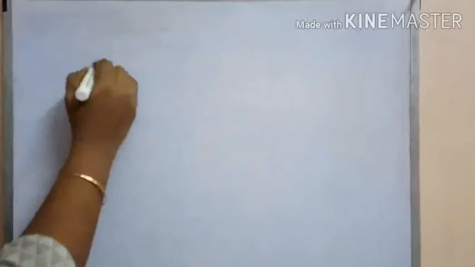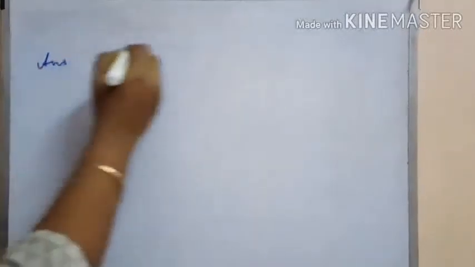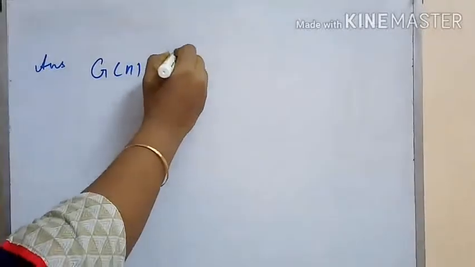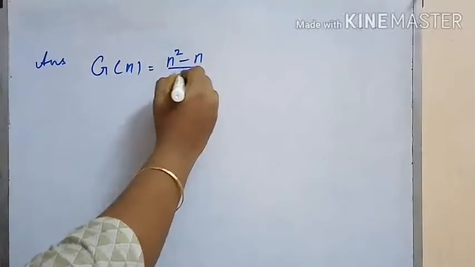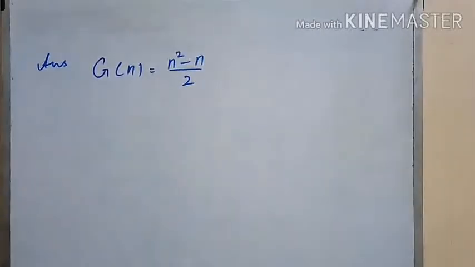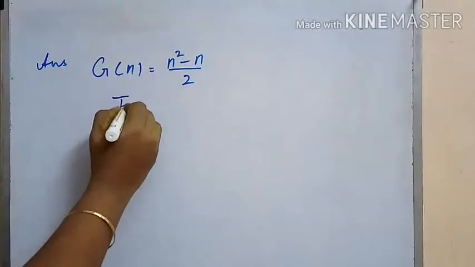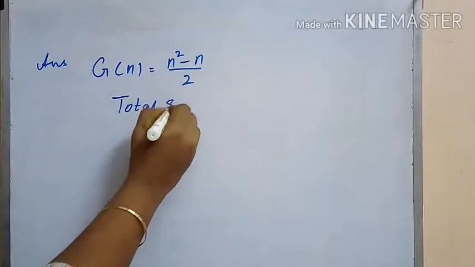So g of n is given to be n squared minus n by 2. It is given that each team plays with every other team exactly once, and the total schedule is 15 games.